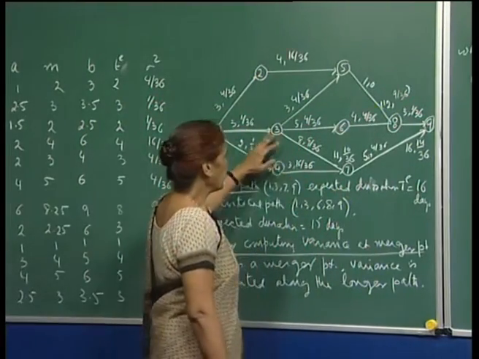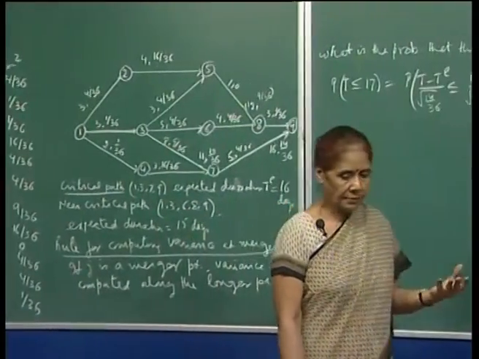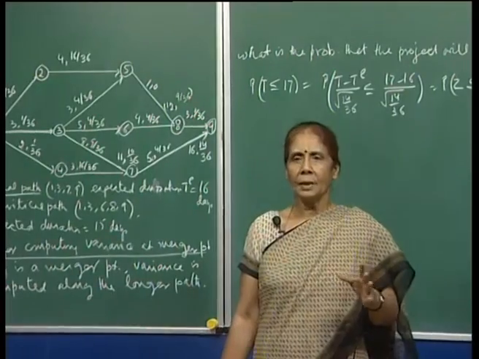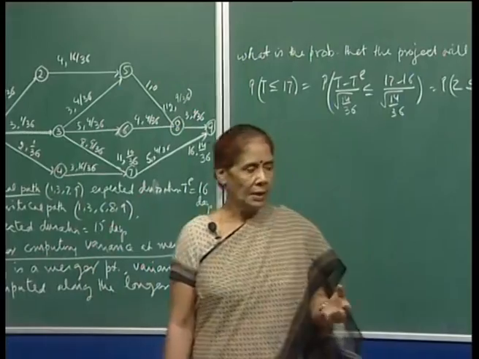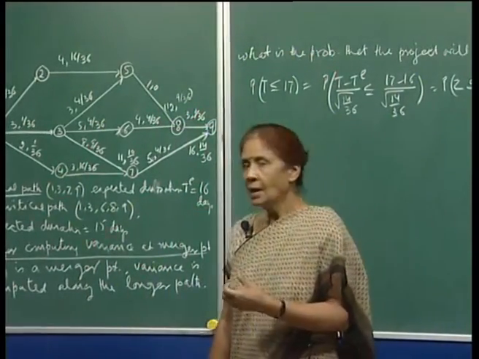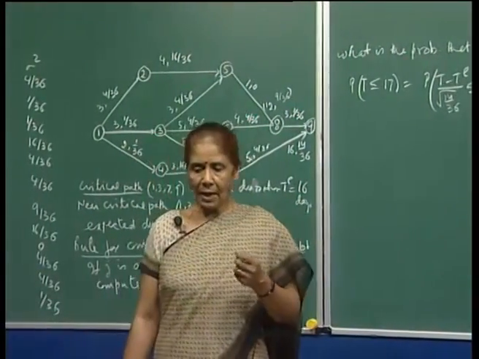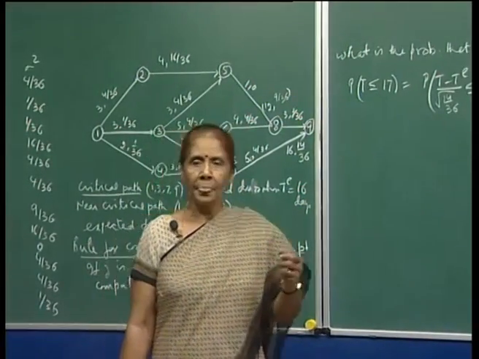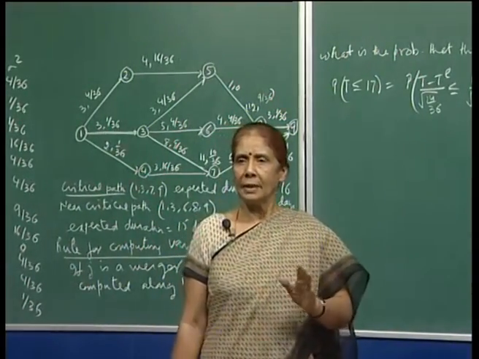You add up the variances on each activity. In the beginning I told you that we break up the project into activities which we think are in some sense independent of each other. That means the resource requirement and so on, and the time to complete. So, you can break up a project into small activities, and we assume independence. If you assume independence, then for the sum of two random variables x plus y, the variance will be variance of x plus variance of y, under independence, right.